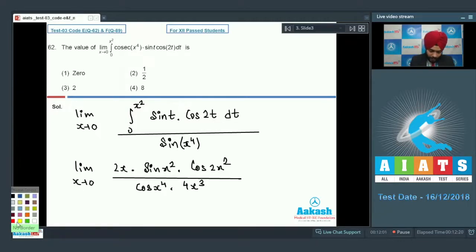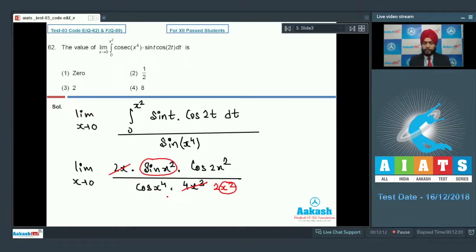So students, carefully managing the terms, this will be cancelled on the factor of 2x square. This x square will be managed with sine x square, that will be 1. Cos 2x square and cos x power 4 don't give any problem because cos 0 is 1. So the final answer will come out to be equal to 1 by 2. Option number 2 satisfies. Again, a very simple question once you identify that it is based on Newton-Leibniz theorem.